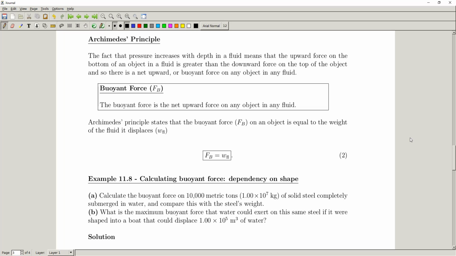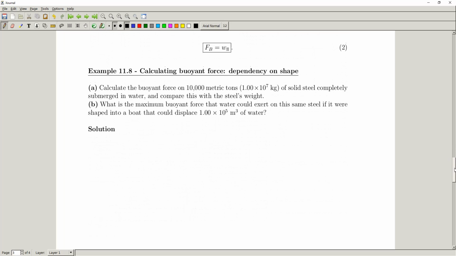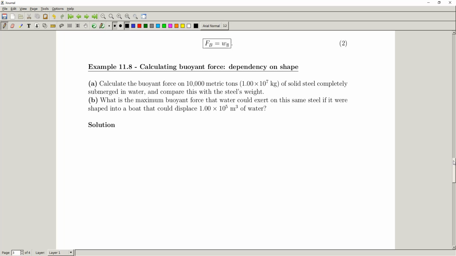So I didn't include the full discussion from the text here. They have a couple of nice diagrams in the text that you might want to take a look at, namely figure 11.19. So maybe I'll quickly draw it in the solution area, and I'll erase it after. But basically, imagine we're in some kind of a large container full of fluid, and we have some sort of an object here that's fully submerged, right?